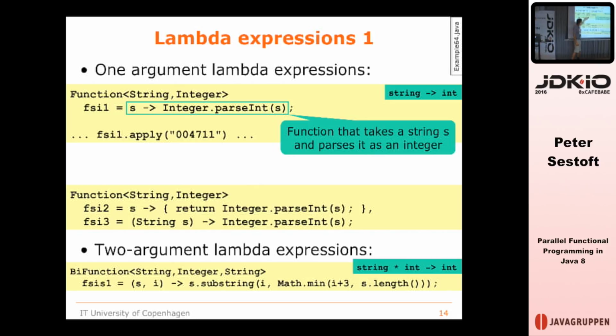The value of that expression is a function that takes a string s and parses it as an integer and returns the parsed value. And such a thing can be assigned to a variable FSI1 here of type function from string to integer. And then later on I would like to apply this function. I do that by calling .apply on some string, and it will return 4,711.